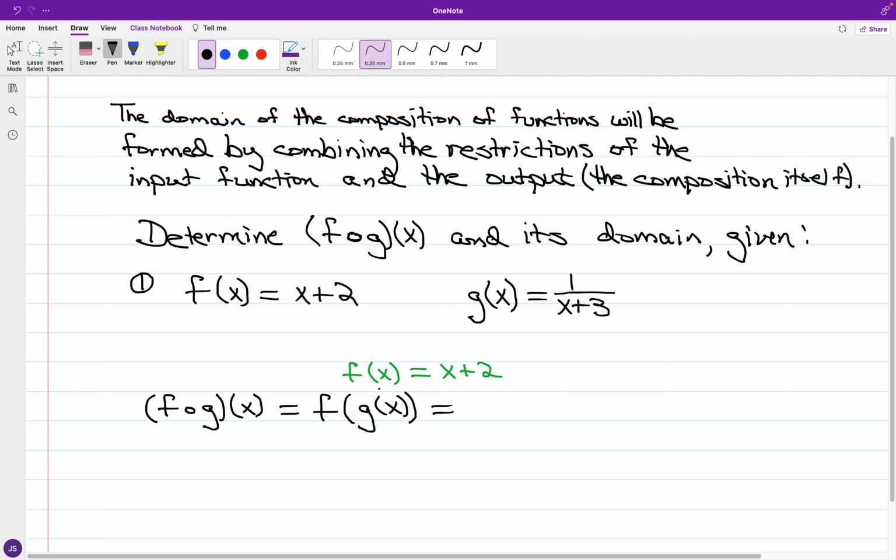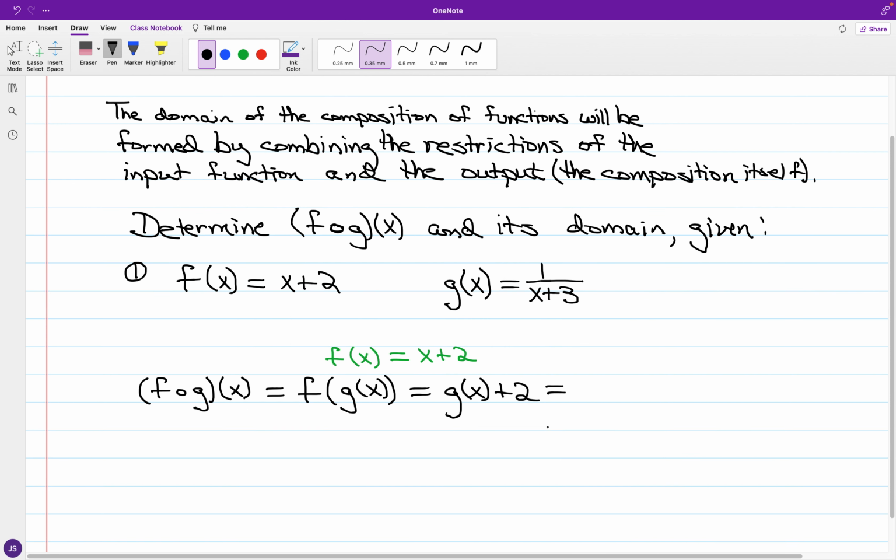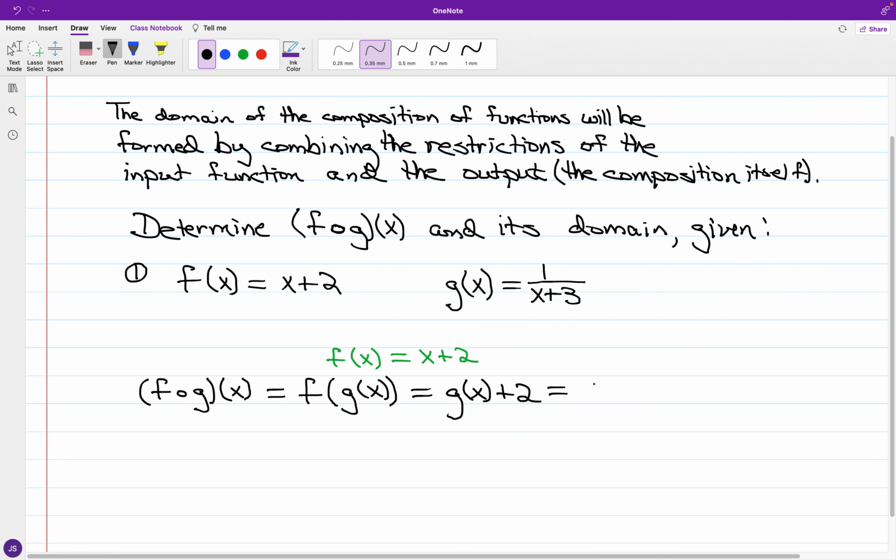So if I follow through, the input is going to be g of x, and for g of x you have 1 over x plus 3, followed by the addition of 2.